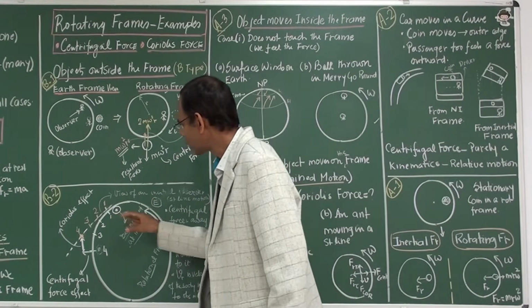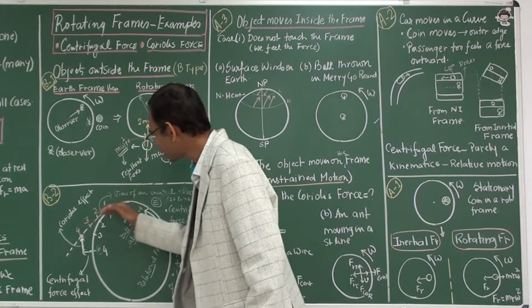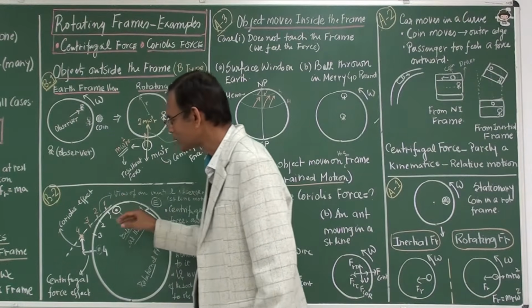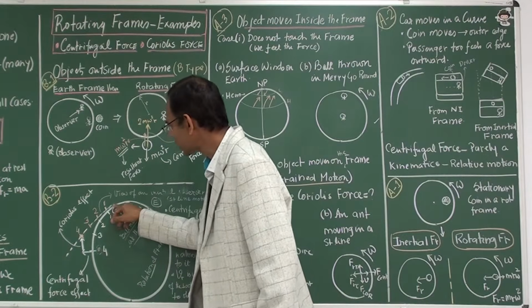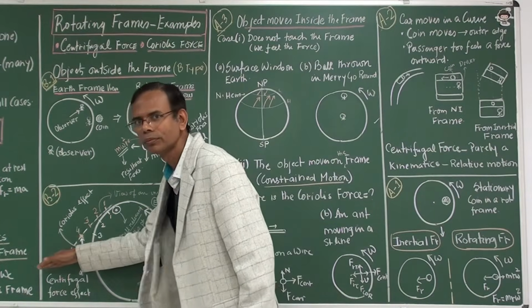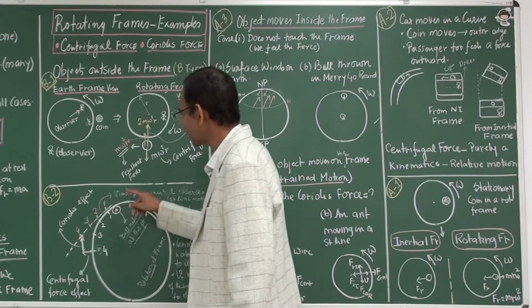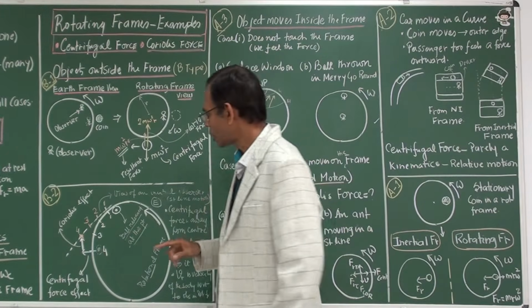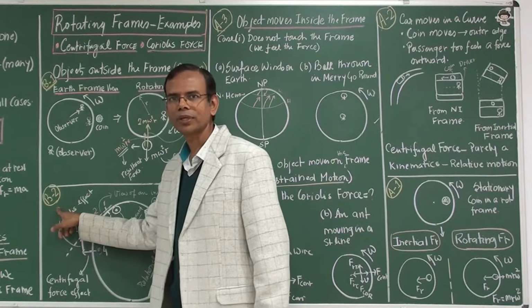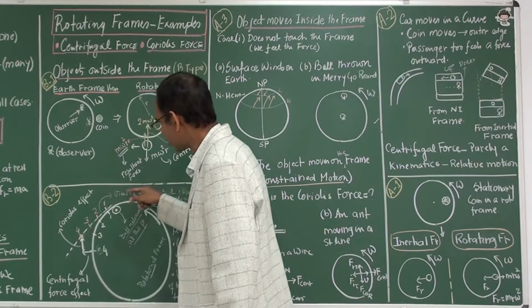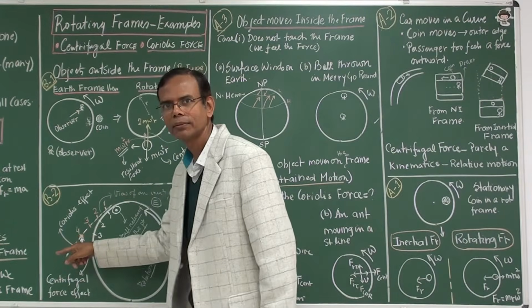Obviously this particular body has a velocity. So the moment the body is released with this tangential velocity, it will go in a straight line. Now this straight line motion will be observed by an observer from the earth frame.